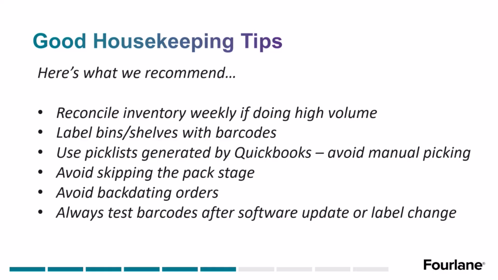Always test barcodes after software updates or label changes, just to make sure it is getting the right barcode for you. With that, just empower your team to use the system properly, and they'll trust the data. The more consistent your fulfillment team uses the pick, pack, ship workflow, I think the fewer headaches you're going to see in billing, returns, and reporting.